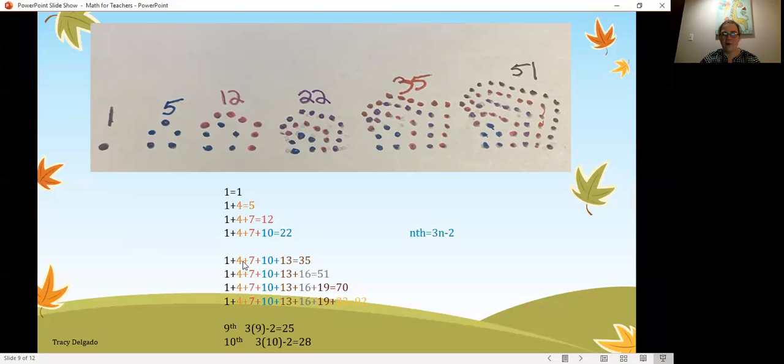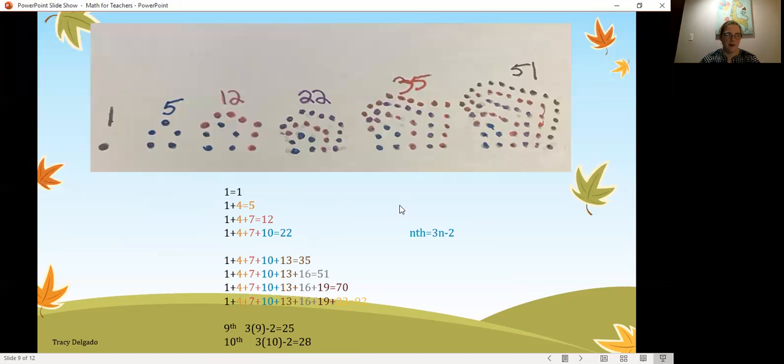And then 1 plus 4 plus 7 plus 10 plus 13 equals 35, which is 22 plus 13. And then the next one, 1 plus 4 plus 7 plus 10 plus 13 plus 16 equals 51.